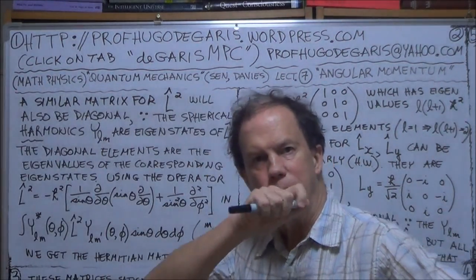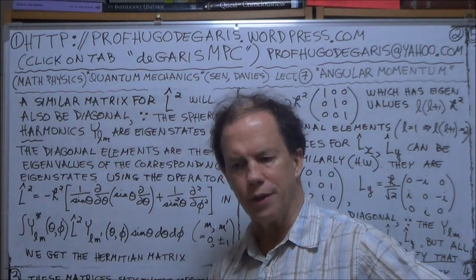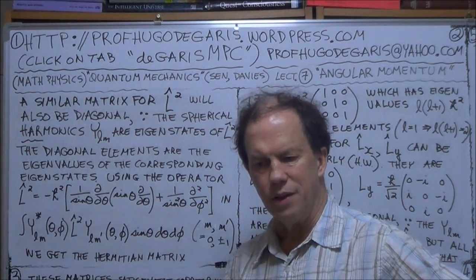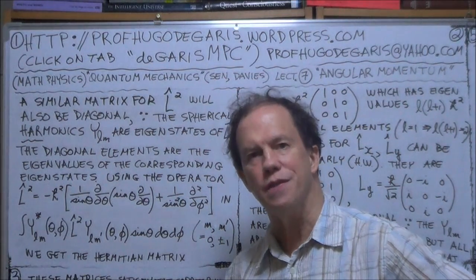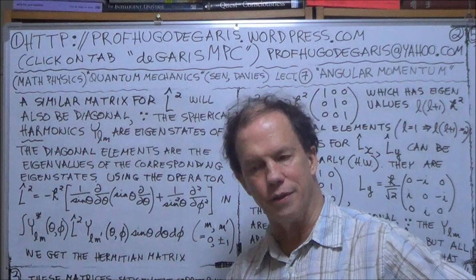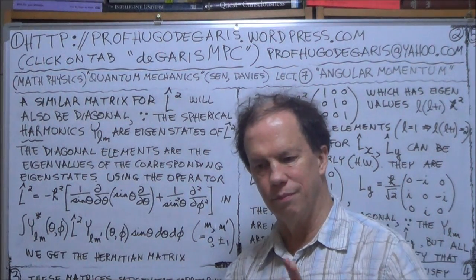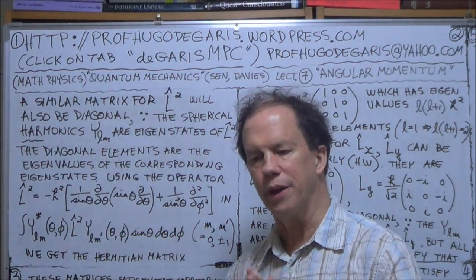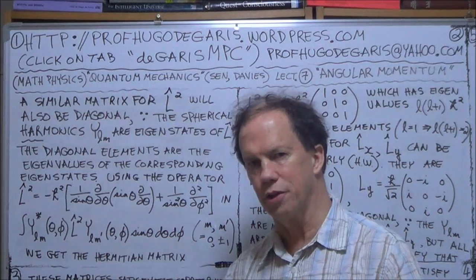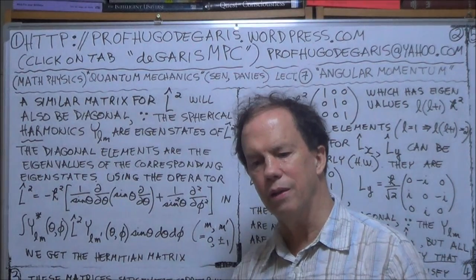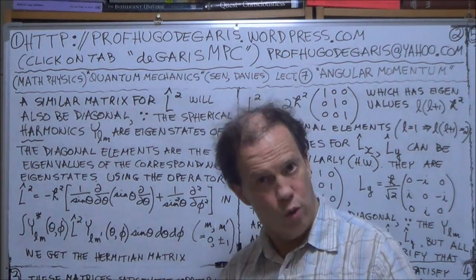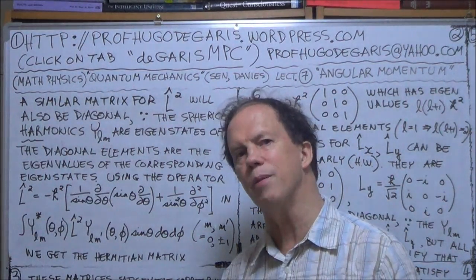In the previous session, I was talking about the idea of matrix representations of operators. Now these angular momentum operators had a certain algebra, for example commutation relations and so forth, and the corresponding matrices, the equivalent matrices, behaved the same way.